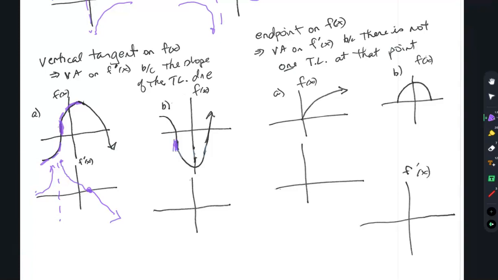This one here is also a vertical asymptote. So negative, negative, negative, doing the asymptote thing. And then after the asymptote, it's still negative until we get to 0. So asymptote thing to get to 0, all of this is negative slope down here, right? And then it's positive slope.